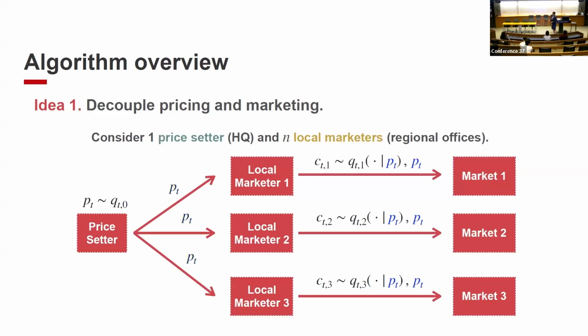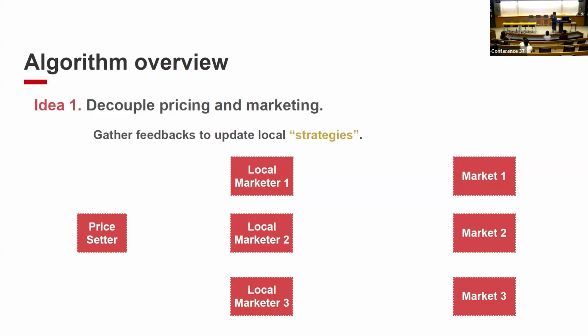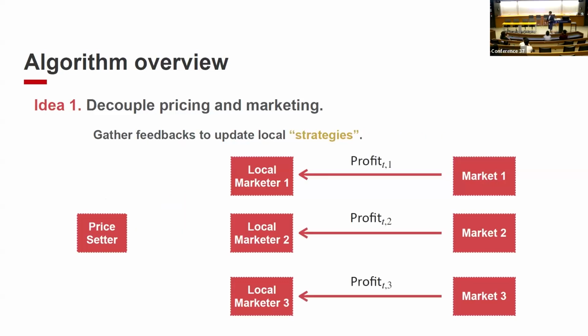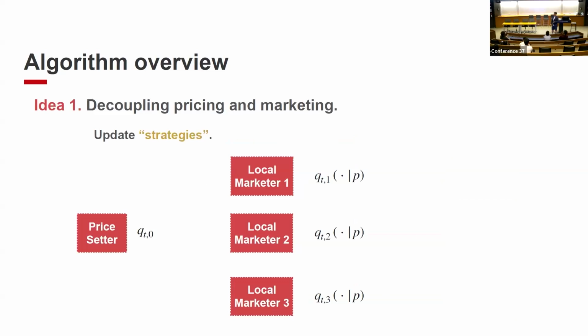Then they apply these decision variables, C_t1 through C_tn, and P_t to the markets, and they get the feedback. After the round, each marketer gets the feedback from the market, which is a number, and then the marketer sends this information to the price setter. Then they update their strategies using these numbers.